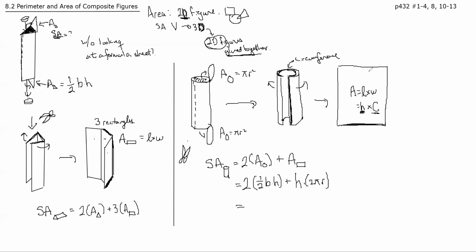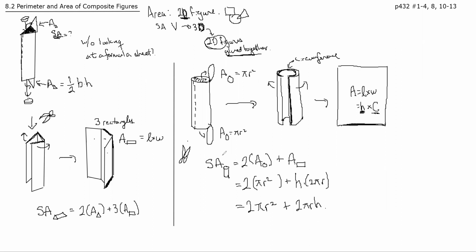Sorry, the area of a circle is not half base times height. I was looking at the left side and I made a mistake. The area of a circle is pi r squared. If I simplify this, you would get 2 pi r squared plus 2 pi r h. Again, sorry about that.